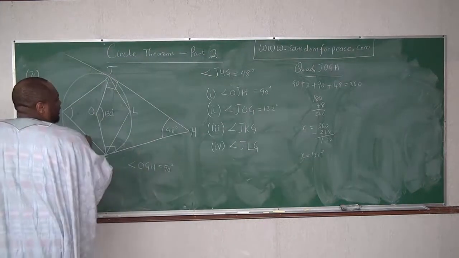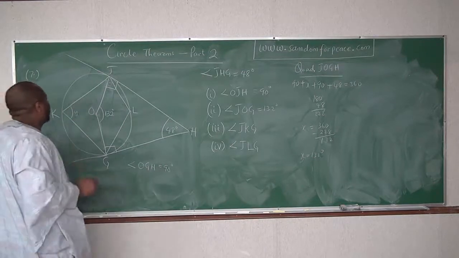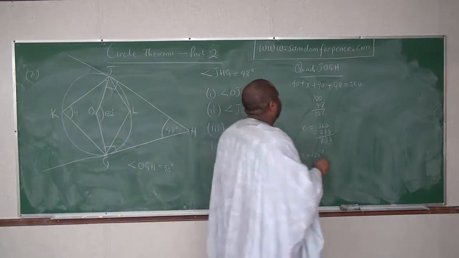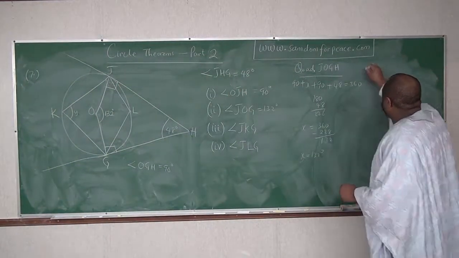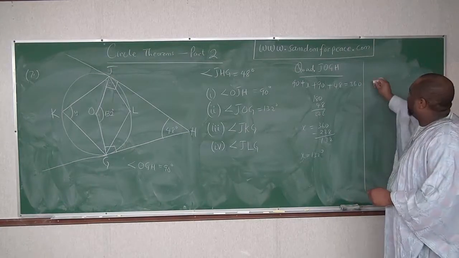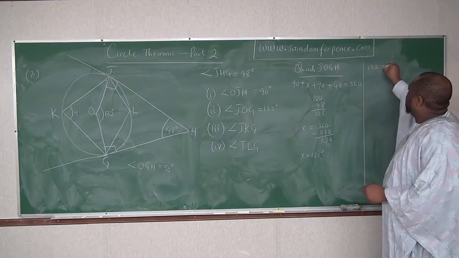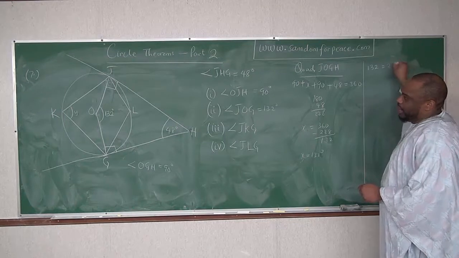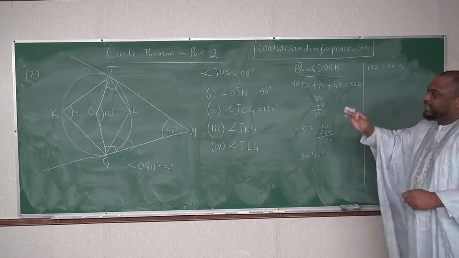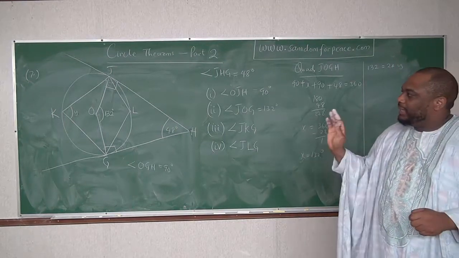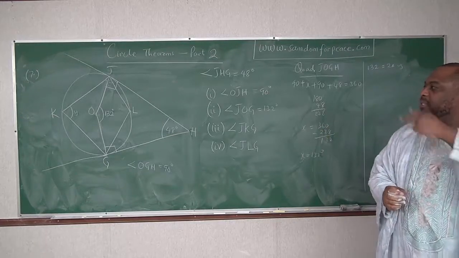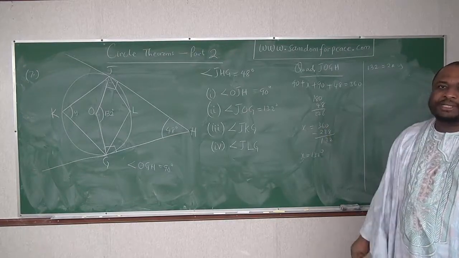Let me call this Y. Then 132 is 2 times Y. Reason: angle at center is 2 times angle at circumference.